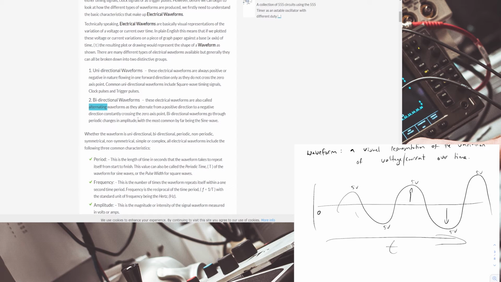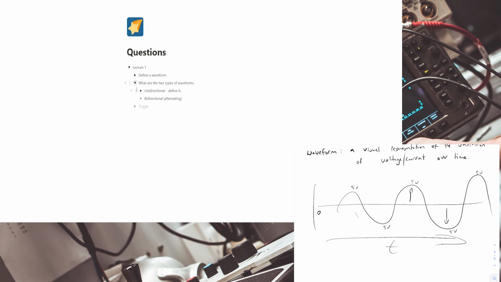Okay, so bidirectional waveforms, they alternate from a positive direction to a negative direction. So they're always going forward in time, obviously, not going backwards in time, but they're going from a positive direction to a negative direction.